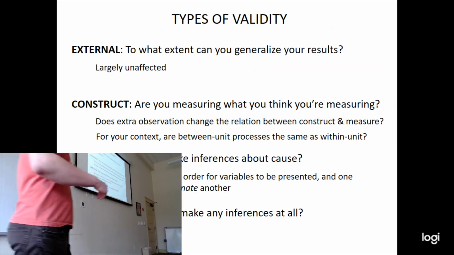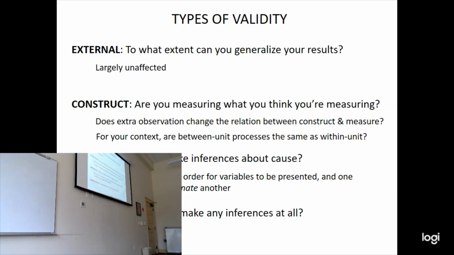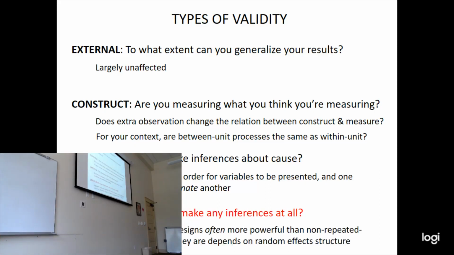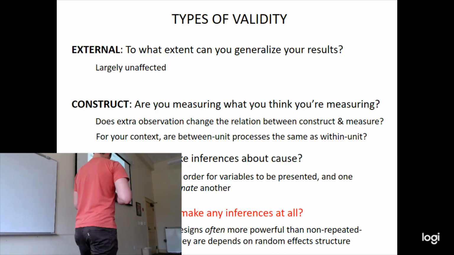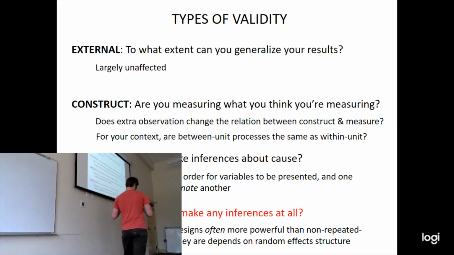So the last type of validity to think about is conclusion validity. It is often the case, maybe even usually the case, that repeated measures designs will be more powerful than designs that don't have repeated measures. And when that's going to happen depends on this new addition that we've touched on a bit, called the random effects.